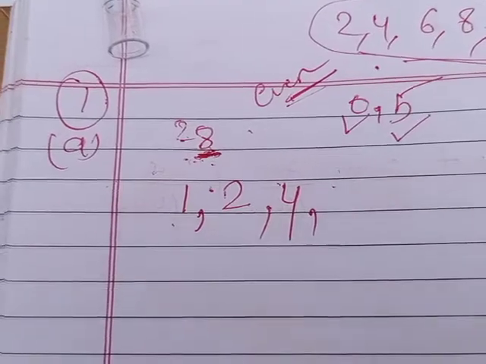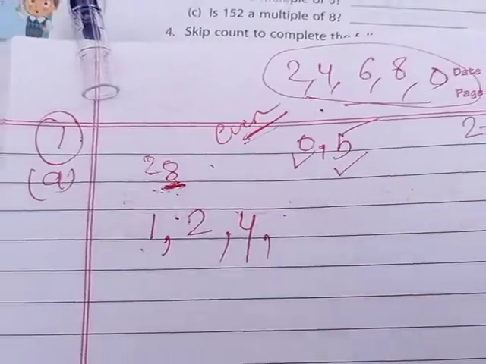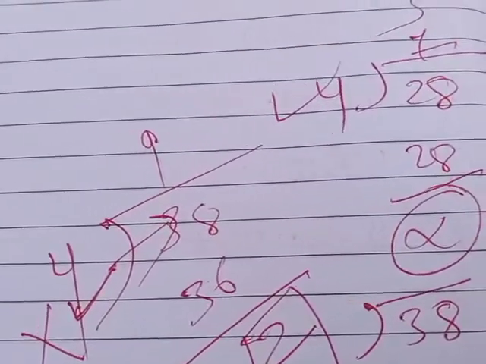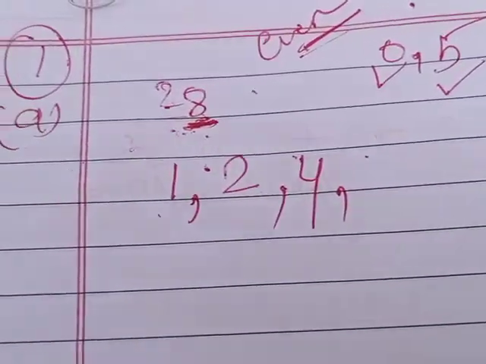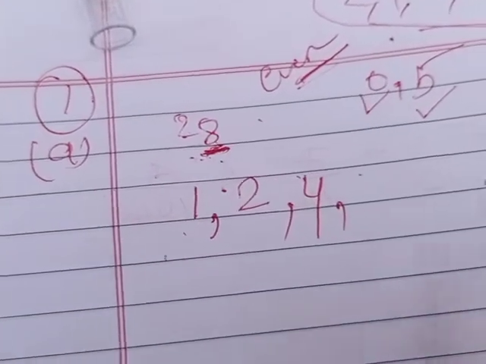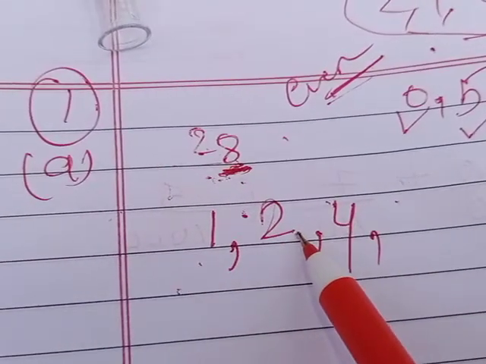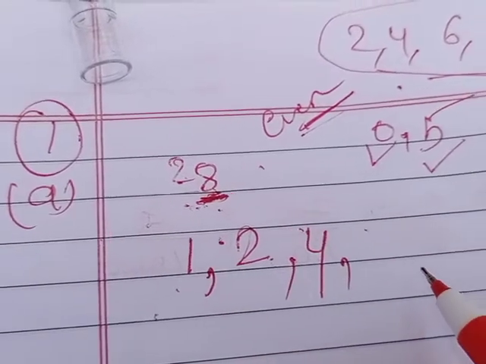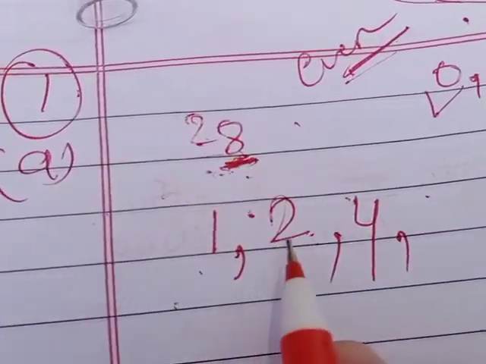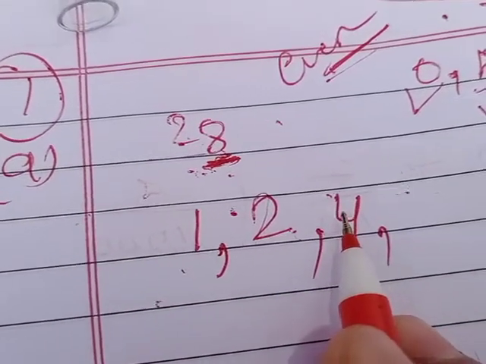Clear? Similarly, 6. For 6 also you divide and see. Keep in mind one rule for 6. If while writing the factors you see 2 is also there and 3 is also there, that time 6 itself will be a factor. But here you can see only 2 is a factor, 3 is not a factor.